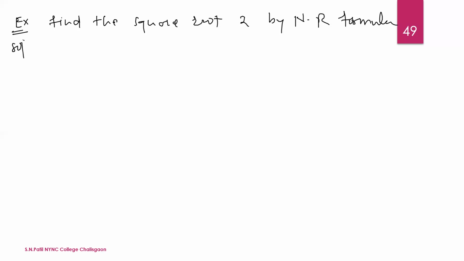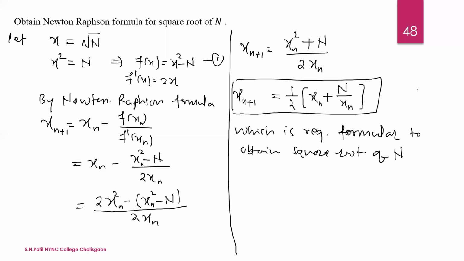Solution. Now we have the formula for finding the square root of a natural number. We have the formula x suffix n plus 1 is equal to 1 by 2 x suffix n plus capital N divided by x suffix n. Okay, and remember here n is running from 0, 1, 2 and so on.